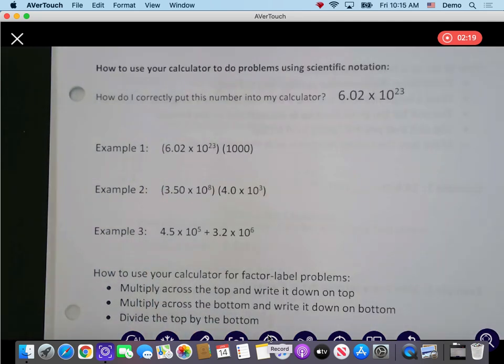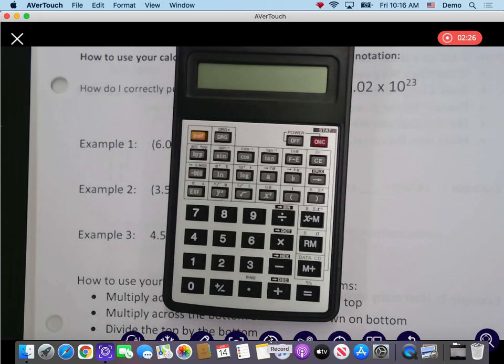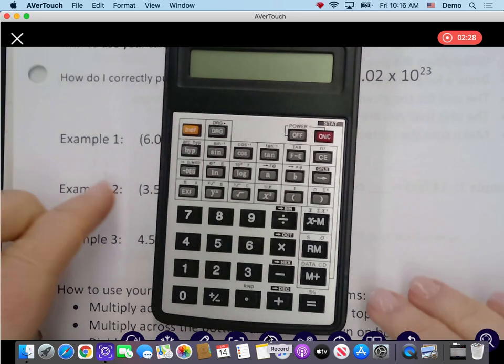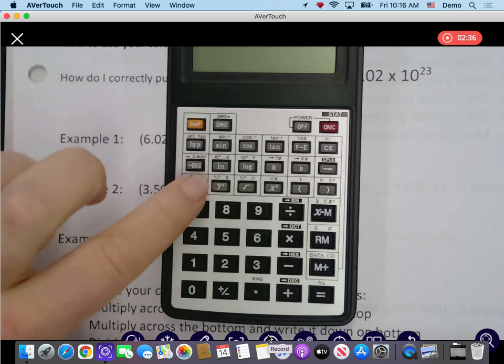And here is one more example. I don't even know where this calculator came from, but it's an old one that I had. On this calculator, this is the exponent button. It says EXP. It's not a second function, it's just that button. So when you touch that, you would say times 10.